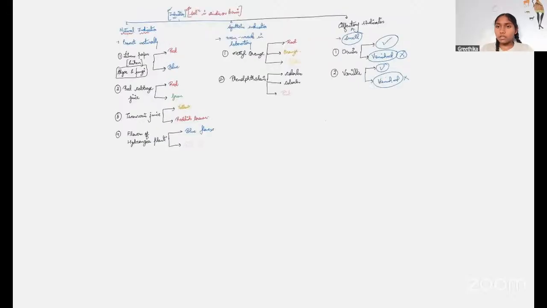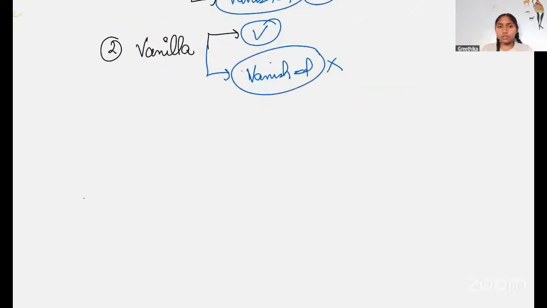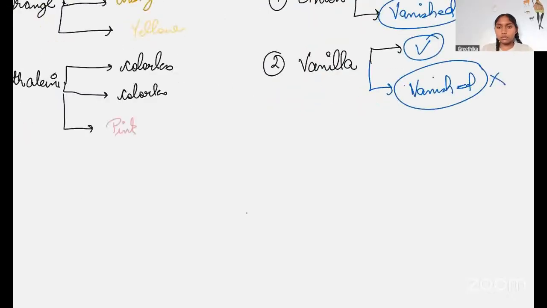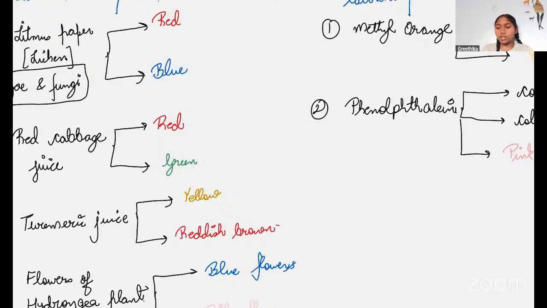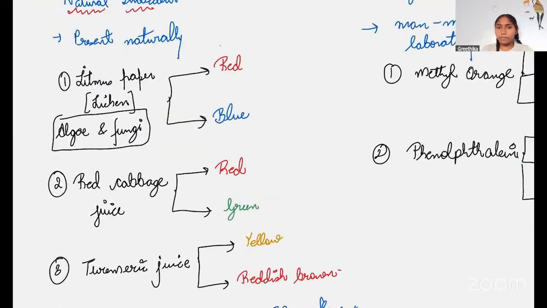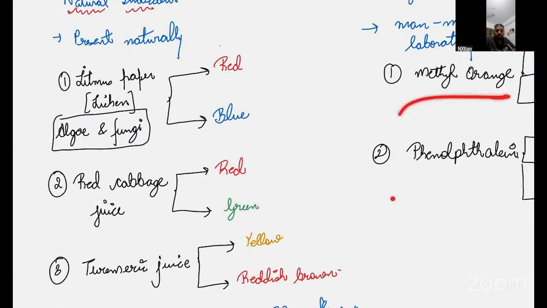Sir, can we consider litmus solution or litmus paper as synthetic indicators? No, no. Litmus is only present naturally. We are not doing anything. What we are doing is taking lichens, squeezing them, making a strip of paper, and that is litmus paper.